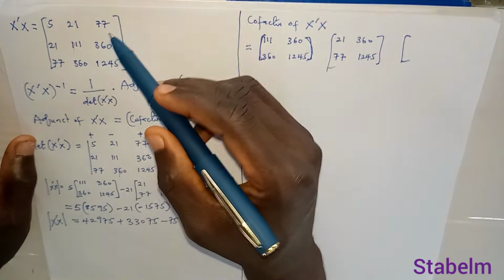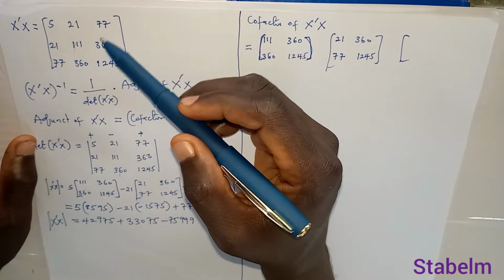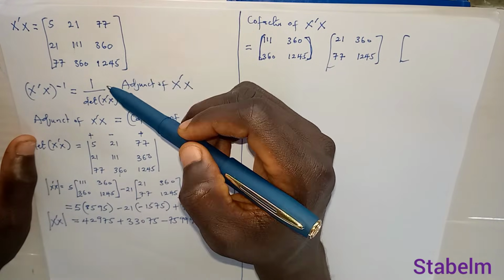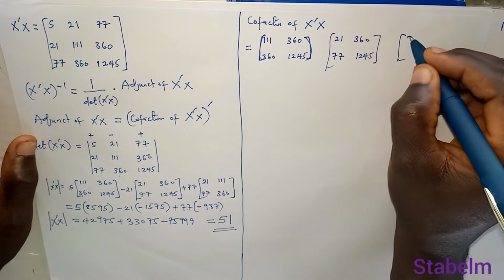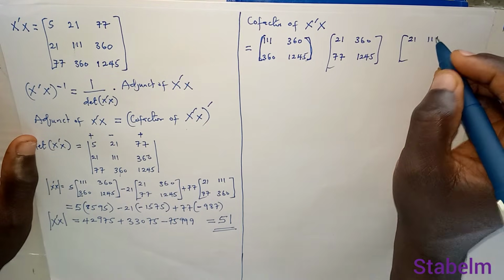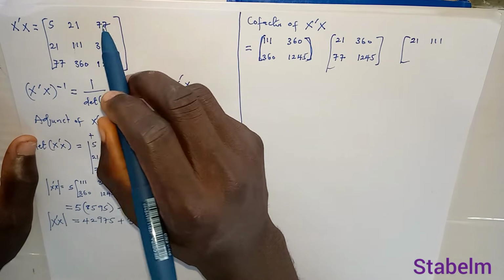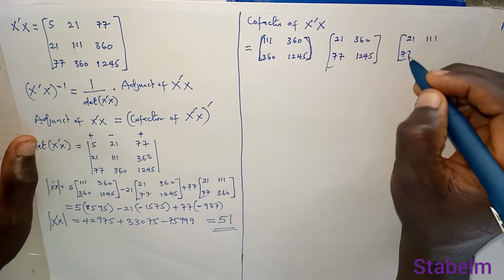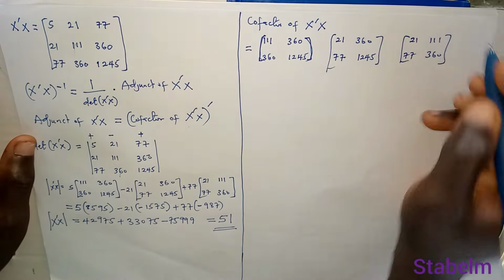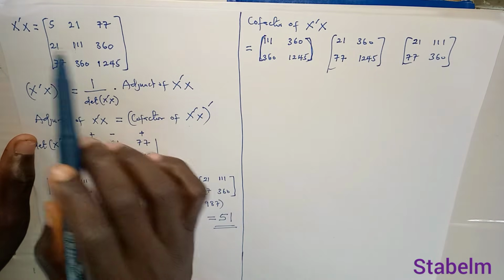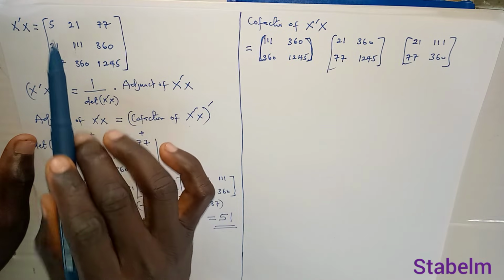And for the third one, 77. How do we get that of 77? We said, all right, this column and this row are gone, so we are left with 21, 111, then 77, 360. Okay, so for this second row, by the time you pick 21, this row is gone, this column is gone.